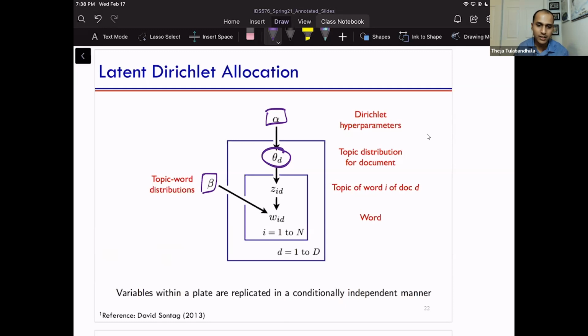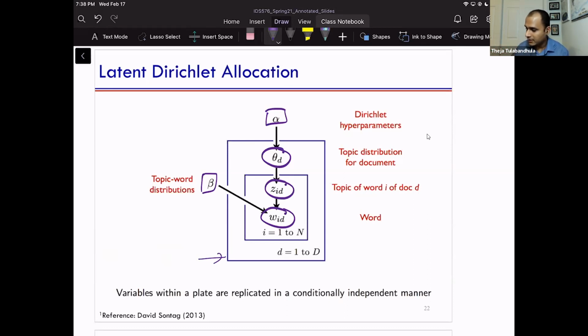Little d represents documents 1 to D. Each document will have capital N blanks, and for each blank, you can figure out the topic. Once you know the topic for each of the blanks, given z and beta, you can figure out the word in each of the blanks. And the words you can reorder, it's all the same thing. This is just a summary of the LDA model.